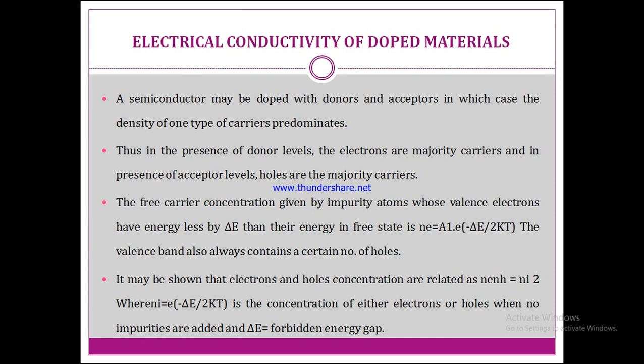The free carrier concentration given by impurity atoms whose valence electrons have energy less than by delta E, a small change in energy, in the free state, is given by the equation N_e is equal to A1 e raised to minus delta E upon 2 kT, where the valence band also always contains a certain number of holes.